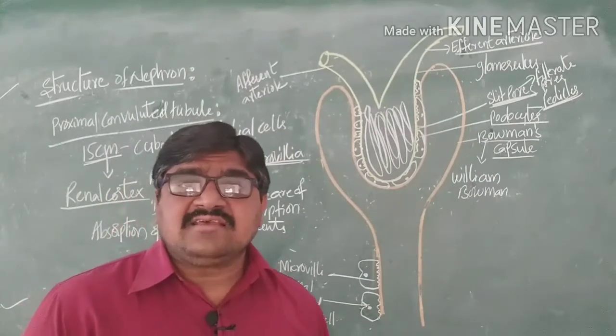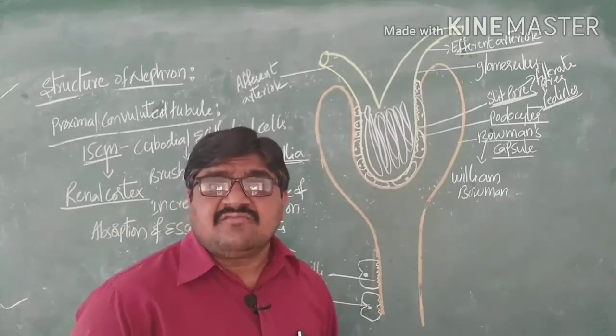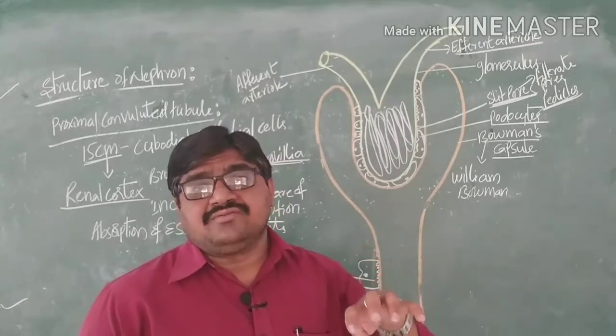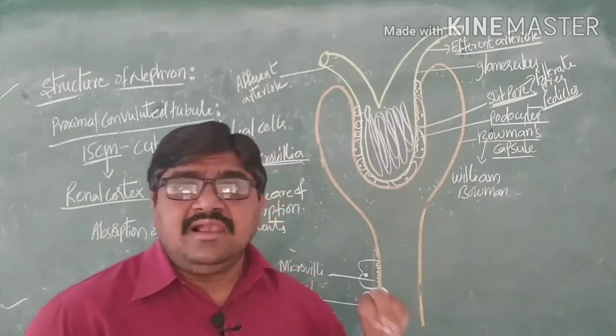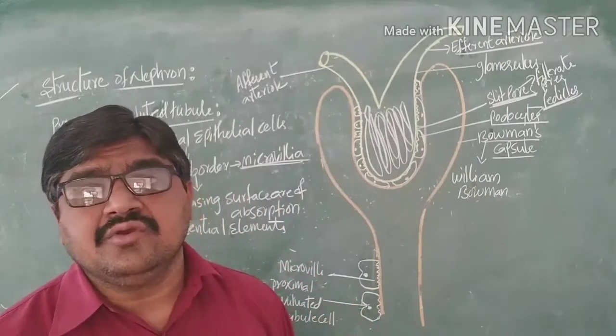These microvilli increase the surface area for absorption. Such a region is called the proximal convoluted tubule.